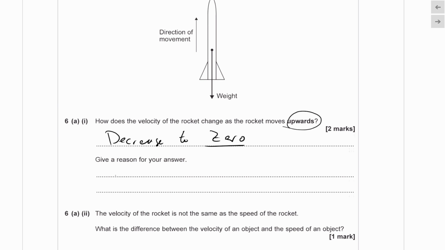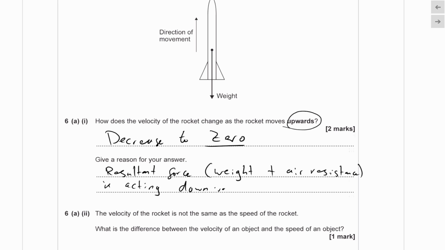And the reason for that is that the resultant force, and I'm going to put in brackets here, weight plus air resistance, is acting downward. Now we don't need to go into any more detail, but that means that you'll have an acceleration downwards because the resultant force gives you an acceleration.